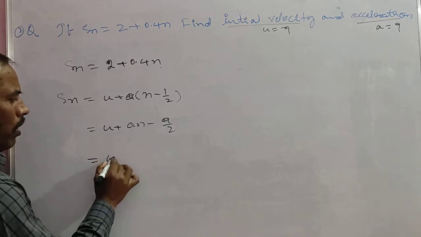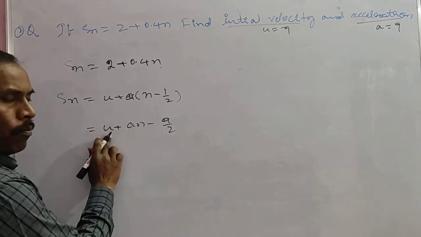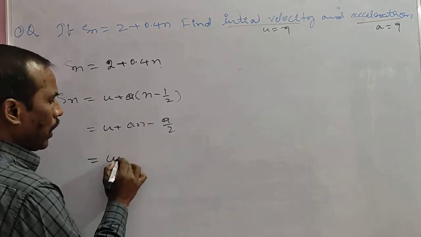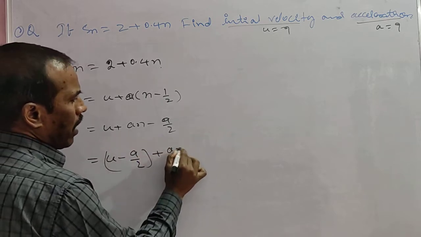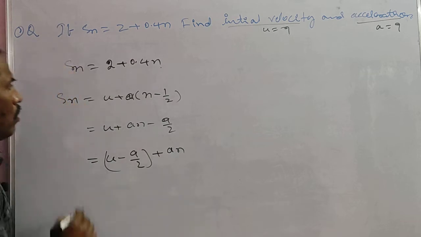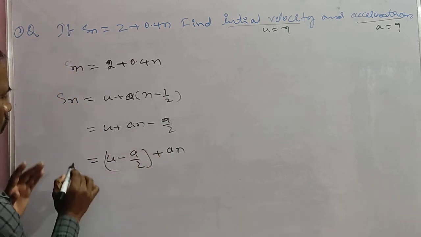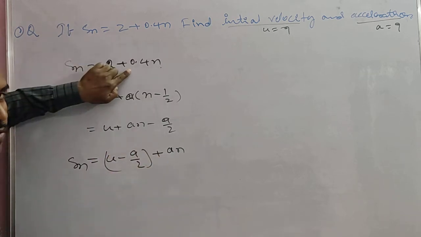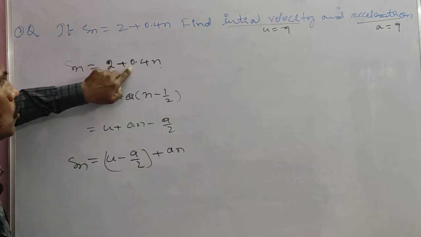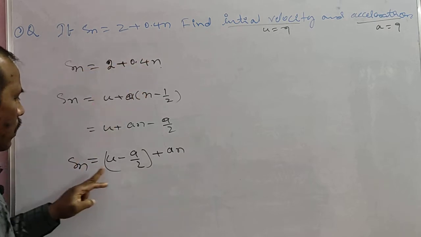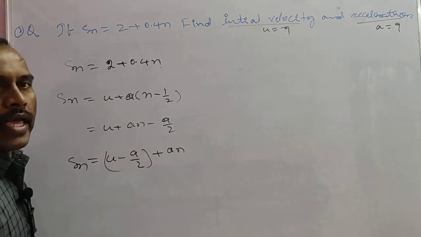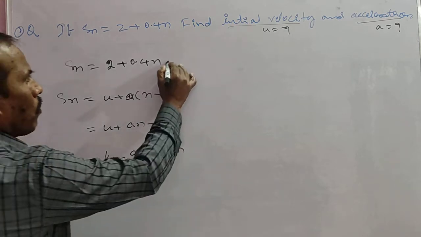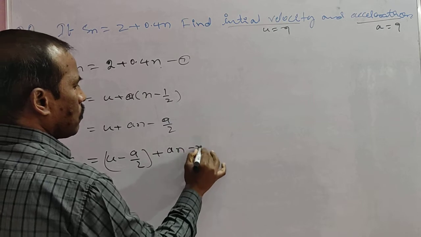So Sn is equal to u minus a by 2 plus an. This is equation 1, and the given one is equation 2.